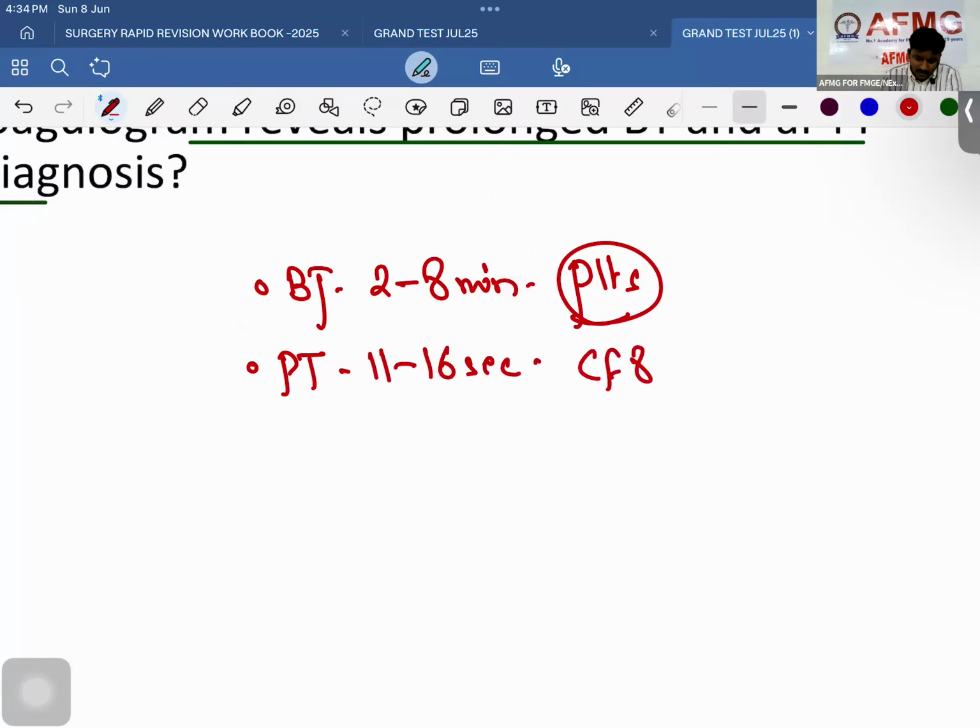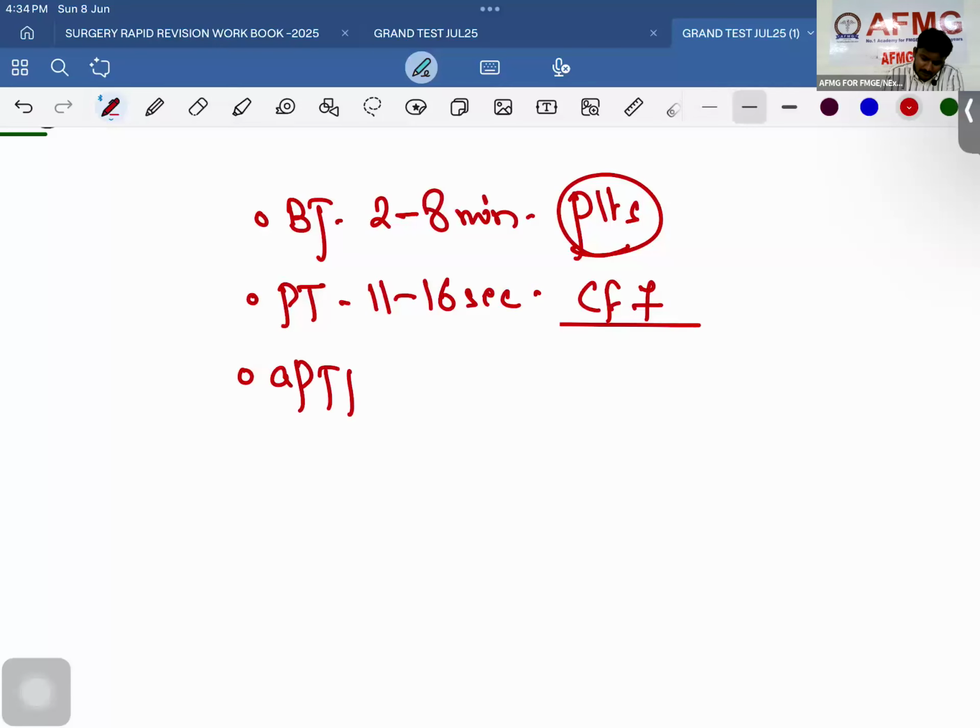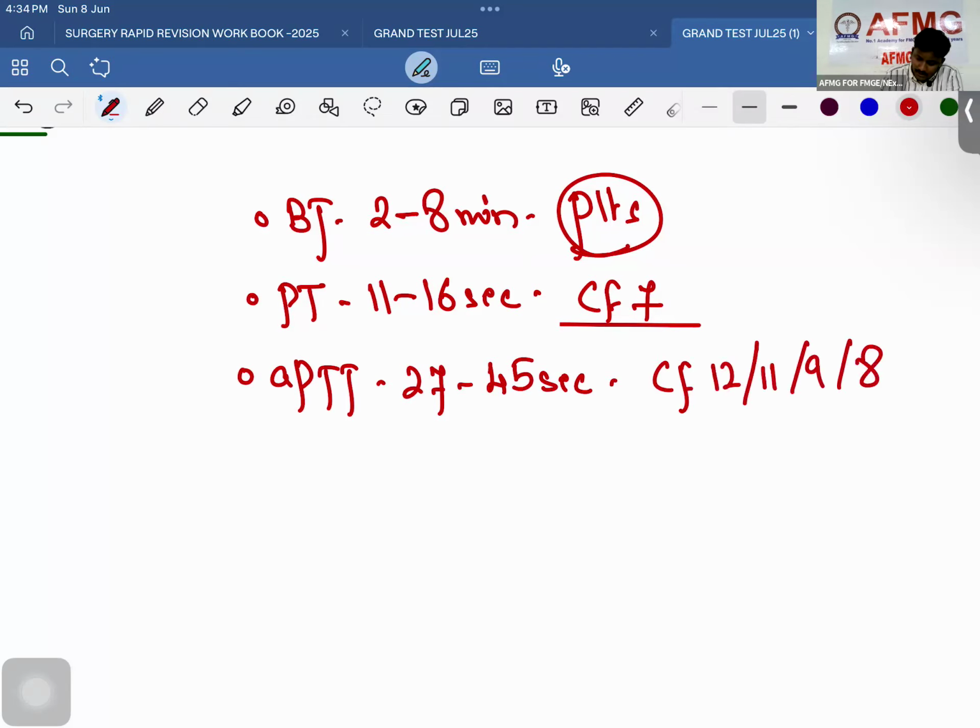It will be prolonged whenever there is any problem with the extrinsic pathway of coagulation, that is clotting factor number 7. And lastly, APTT, activated partial thromboplastin time, normally ranges between 27 to maximum 45 seconds. It will be prolonged whenever there is any problem with the intrinsic pathway of coagulation, clotting factors number 12, 11, 9 and 8. Hopefully that's clear.